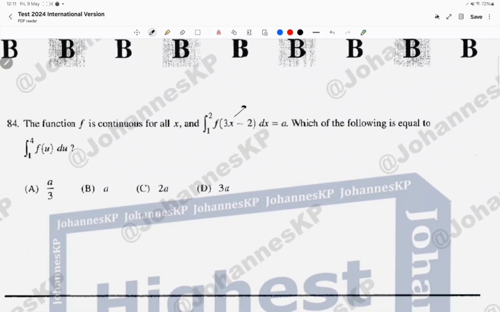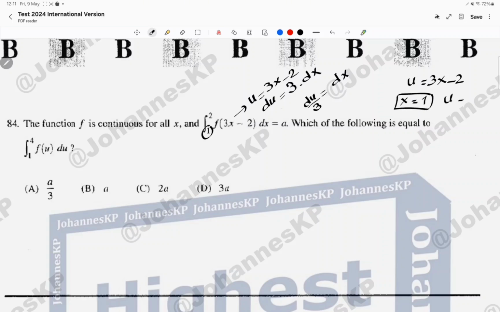So here, this is the u term, 3x minus 2. So du is equal to 3 dx, right? Yes. So dx is equal to du over 3. If u is equal to 3x minus 2, and if x is equal to 1, u is 3 minus 2, which is 1. And if x is equal to 2, u is equal to 4.